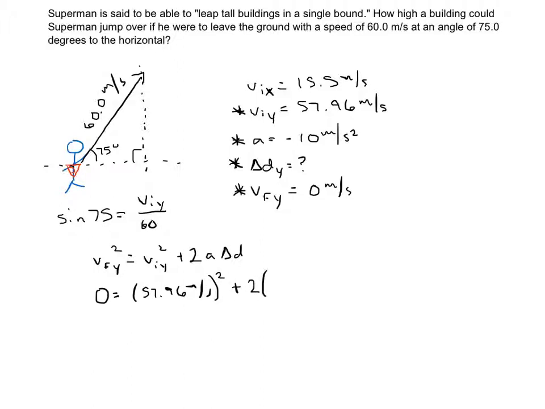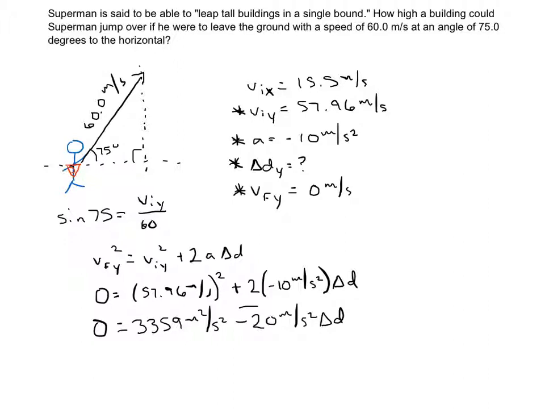Plus 2 times negative 10 times delta D. When we square this, we're going to get 3,359 meters squared per second squared minus 20 meters per second squared delta D.